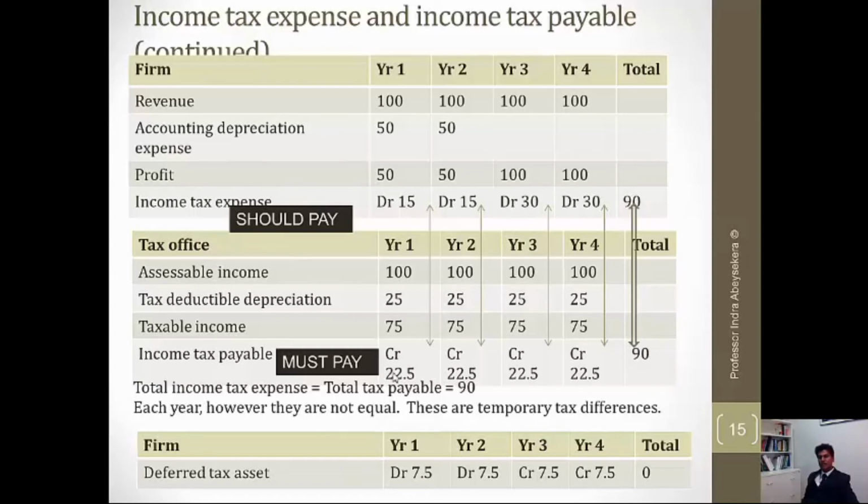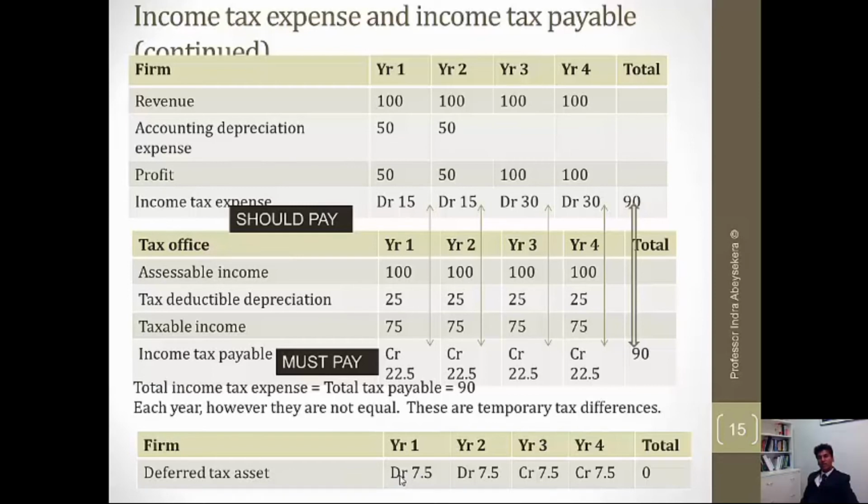We should pay less. The company knows that, but the tax office does not know that. They think we must pay more. So the company will make tax payment savings in the future. Therefore, that saving will be in the future.